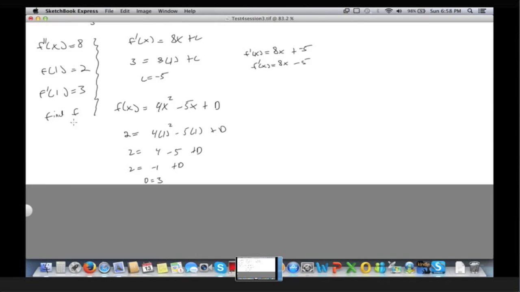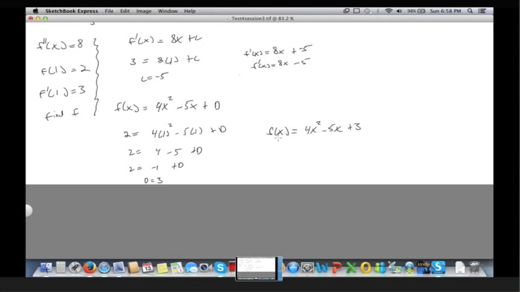Okay. So now it's finding f. So f of x equals 4x squared minus 5x plus 3. If we take the derivative of this, we should get this. Yeah, let's go ahead and do that check.